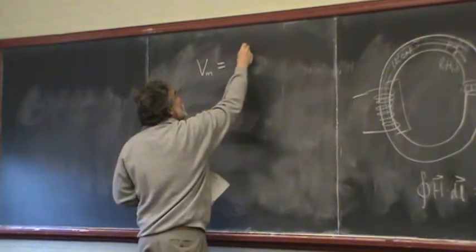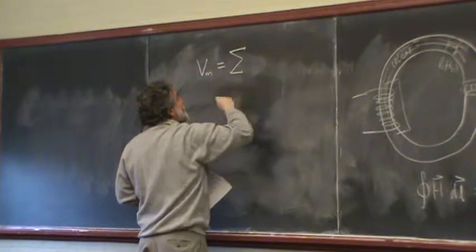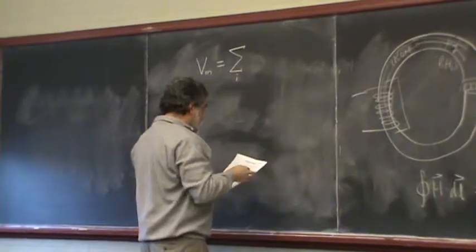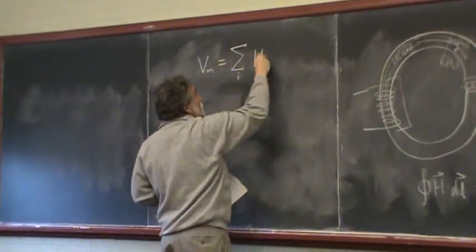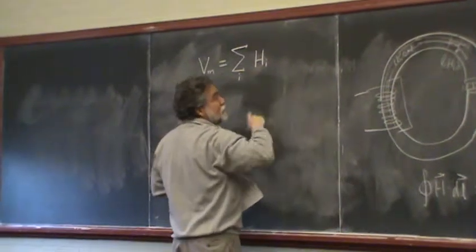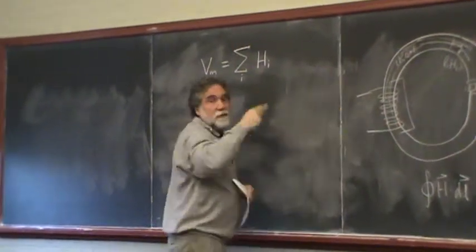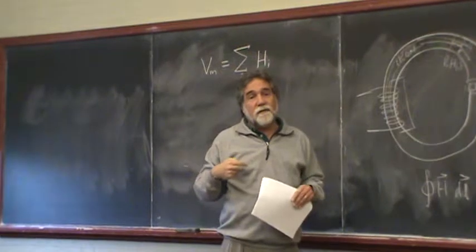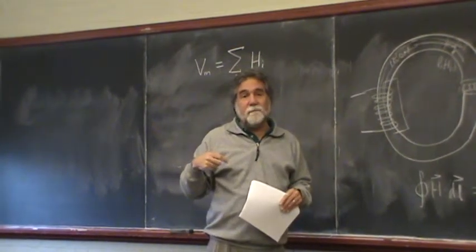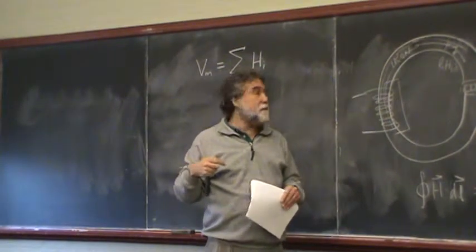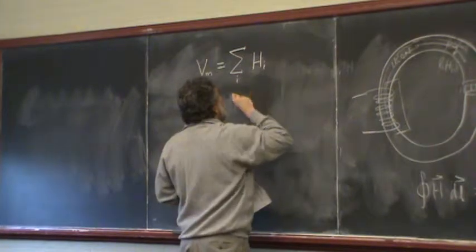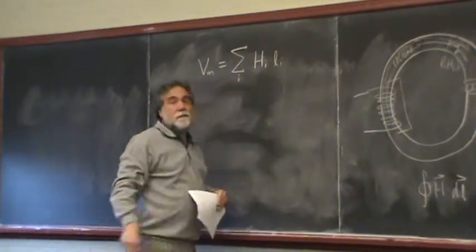But that's also equal to that. This is sort of neat. The sum around the loop times the H field in each element of the loop. The H is not constant around the loop, right? B is going to be, but H is not. Times L sub i.